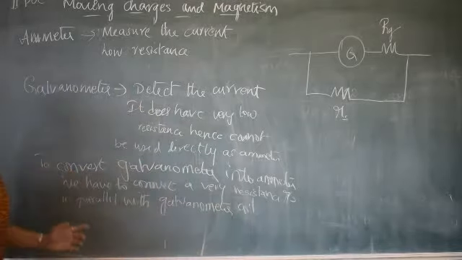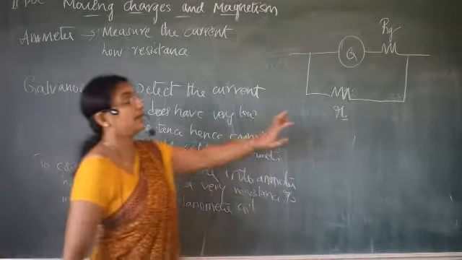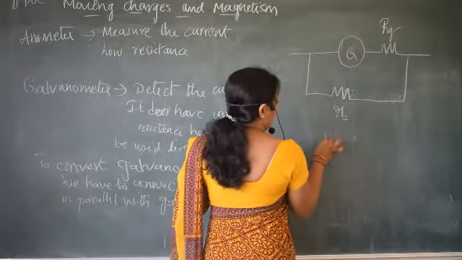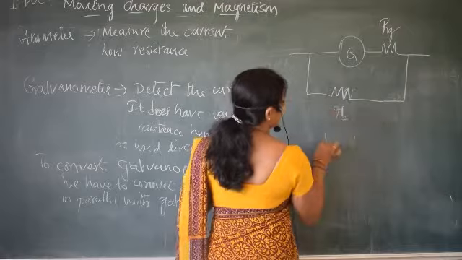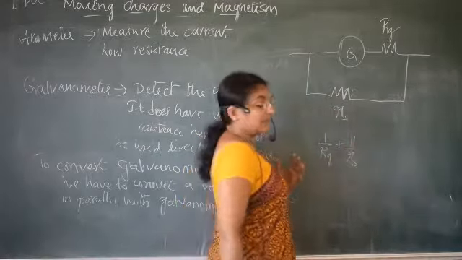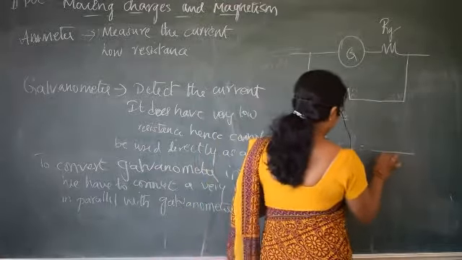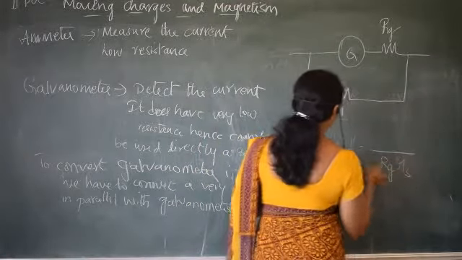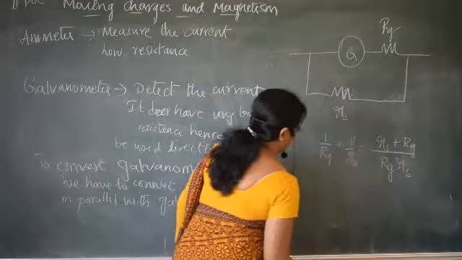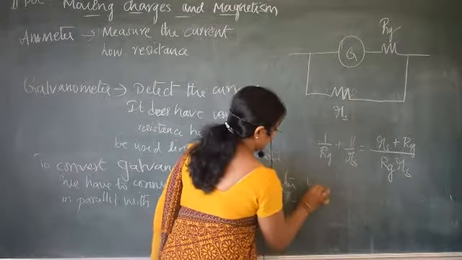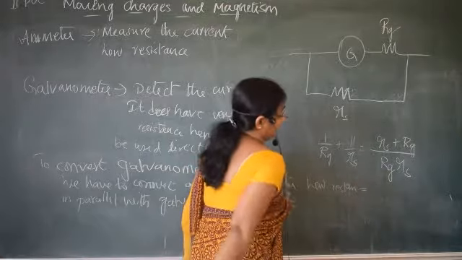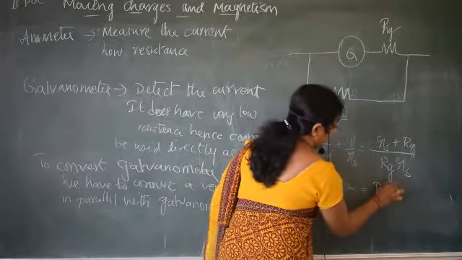Now what happens when you connect it in parallel? See, this is a parallel combination. So total resistance is how much? Shall I write the total resistance? 1 by R equals 1 by Rg plus 1 by Rs, which equals (Rs plus Rg) by Rg Rs.